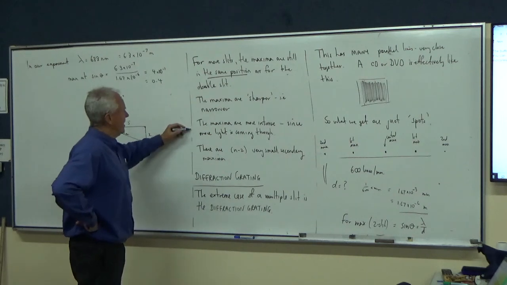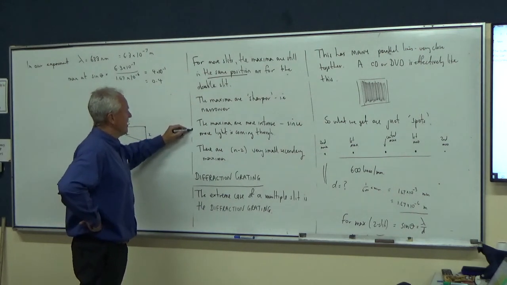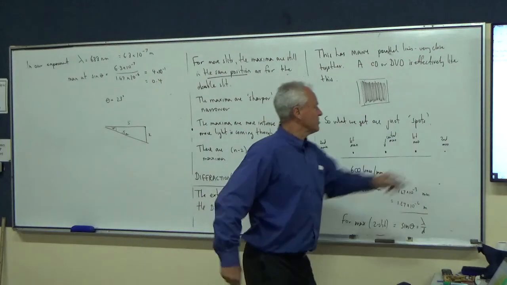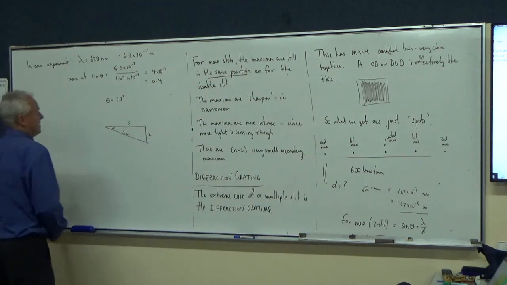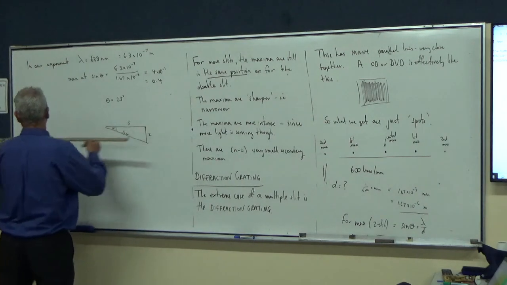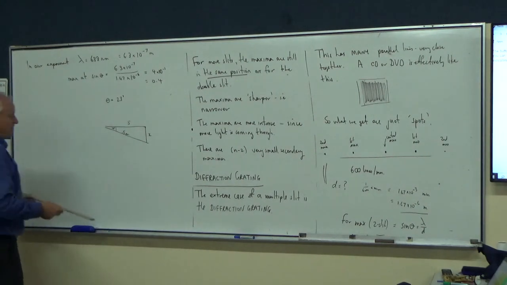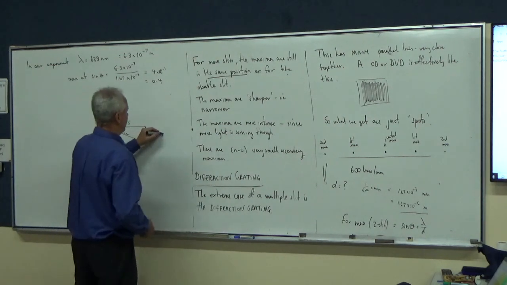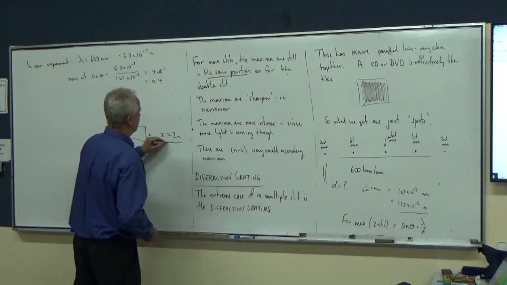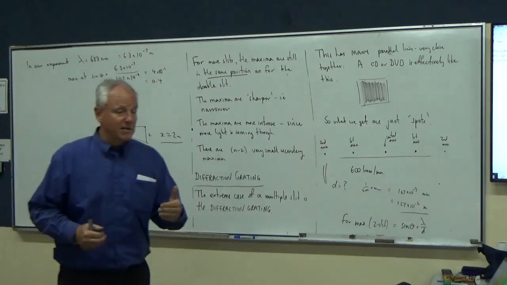I think when I had the central maximum here, the other one was just off the screen on both sides, so that's a fairly reasonable estimate. So x is approximately 2 metres. I haven't done any calculations there.